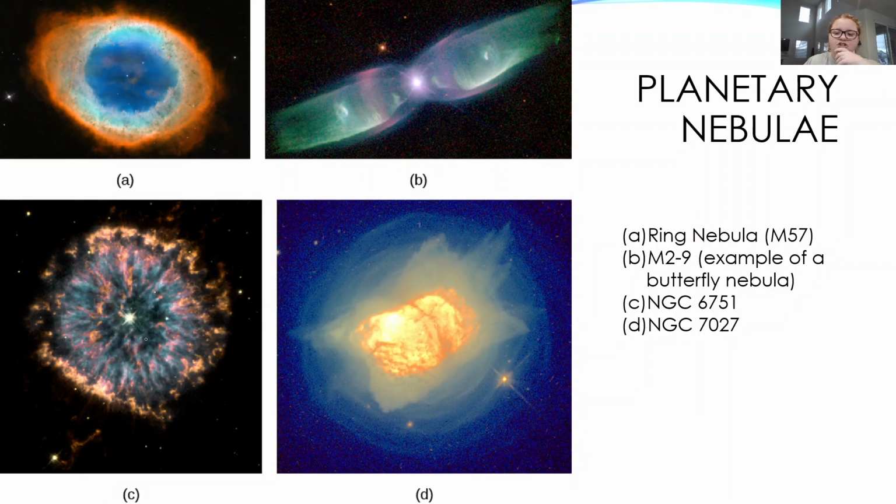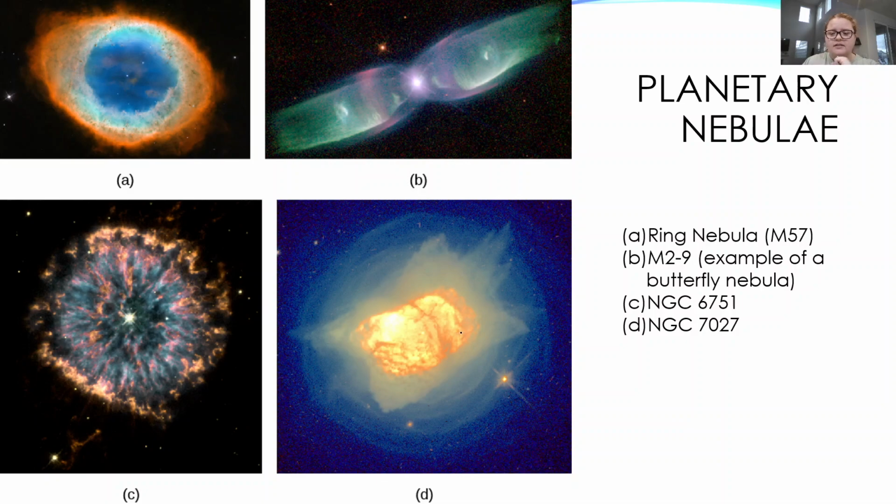We also have NGC 6751. Again, we have that planetary nebula and our small white dwarf there. And this one looks a little bit funky. It looks to me like it is maybe still engulfing its planets, or something drastic is going on.